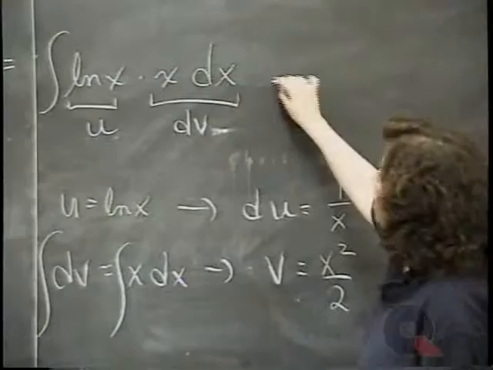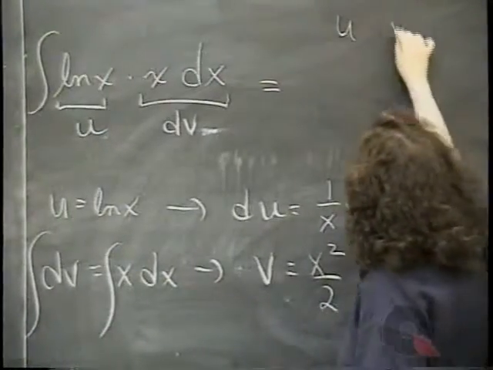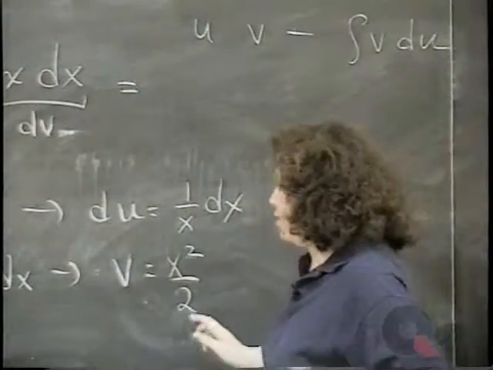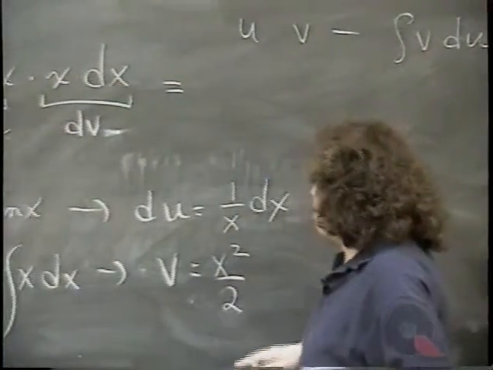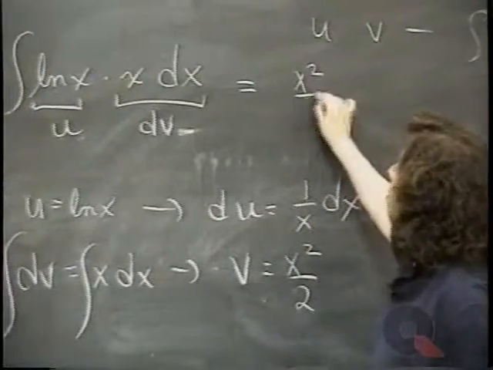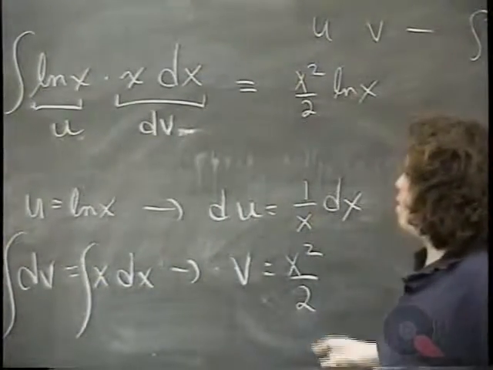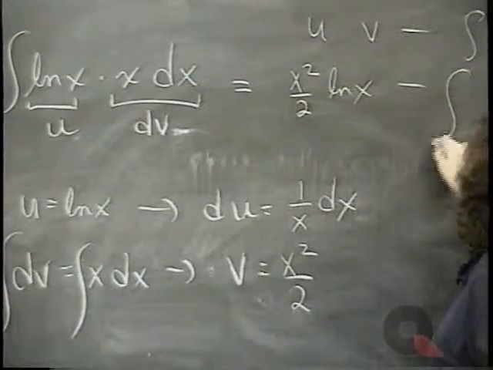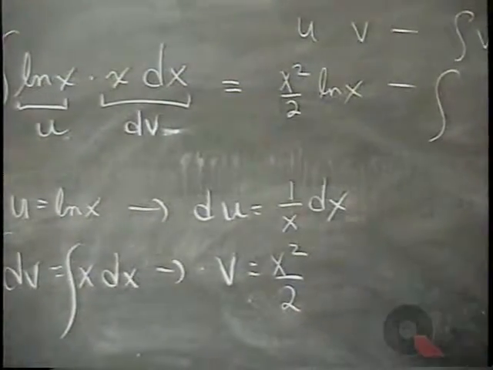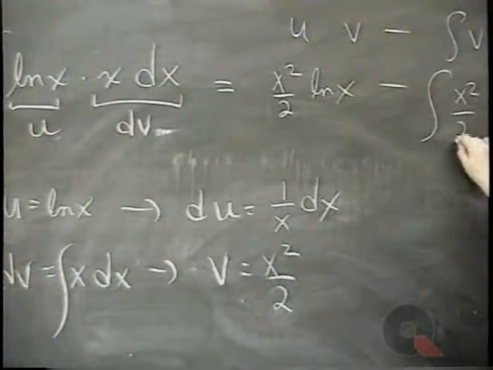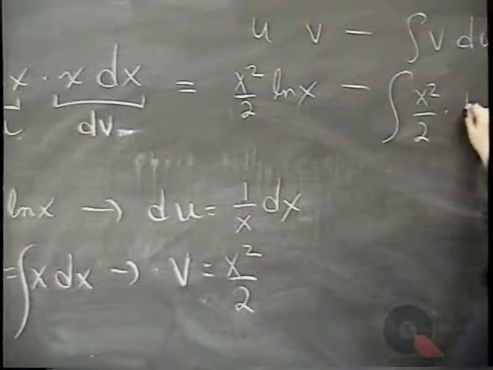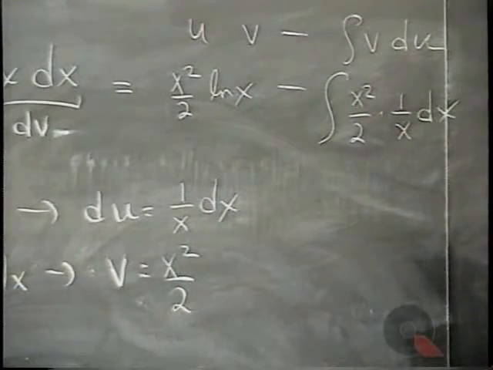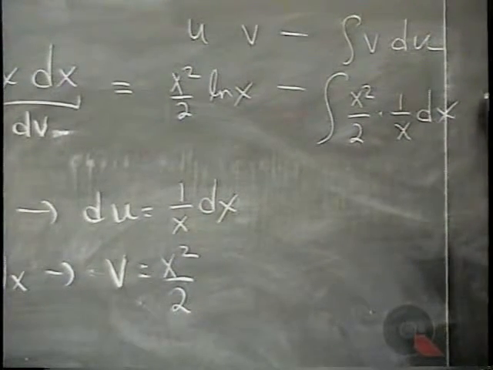So we have the integral of u dv is supposed to be uv minus the integral of v du. So what do we get? uv. That's x squared over 2 ln x, ln x times x squared over 2, minus the integral of v du. v is x squared over 2, and du was 1 over x dx. Okay, that's not terrible.